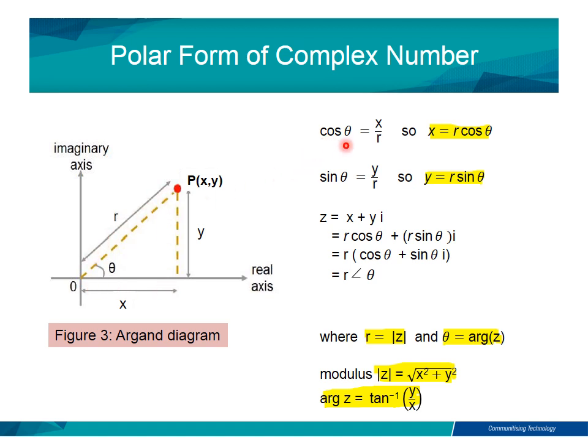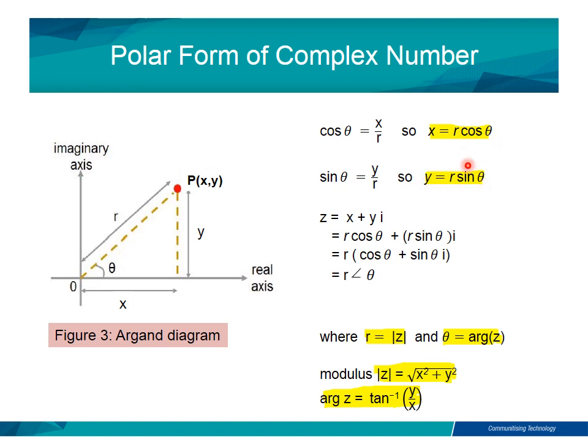So how to find cos theta? Cos theta is x divided by r. Sin theta is y divided by r. That's why x equals r cos theta and y equals r sin theta.